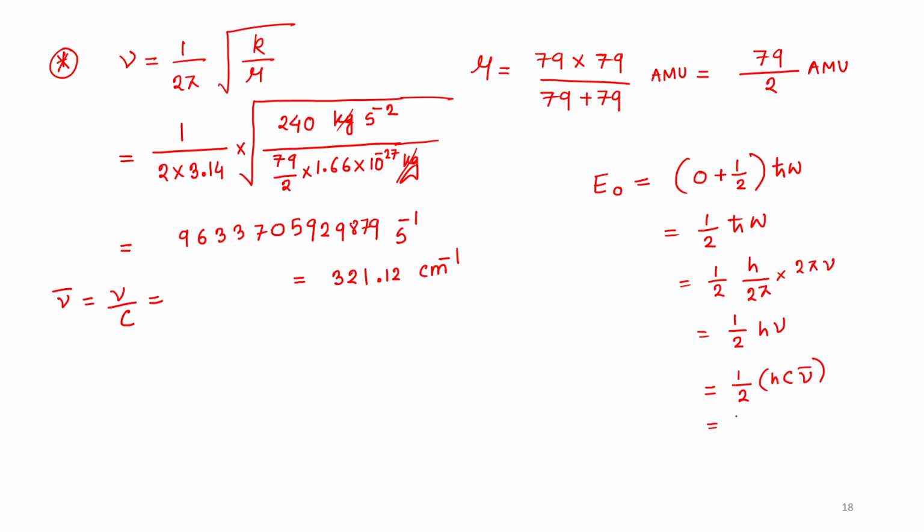So let me write the value: 1 by 2 into 6.626 into 10 to the power minus 34 joule second, now 3 into 10 to the power 10 centimeter second inverse, multiplied by 321.12 centimeter inverse. Centimeter inverse, centimeter will go. Second inverse, second will go. Now energy will be in terms of joules only.